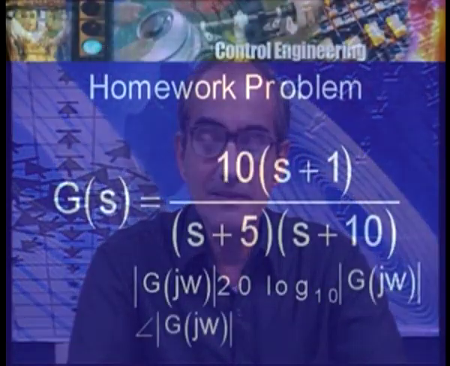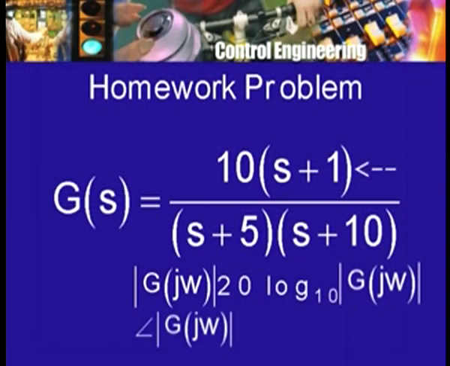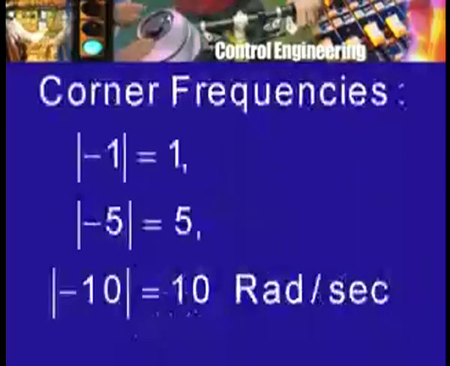As I showed you earlier, usually you have decade sections of the semi-logarithmic graph paper. So it could be labeled omega equal to 0.1, omega equal to 1, omega equal to 10, etc. So let us do that here. Now if I look at this, I see that there is a zero at -1, and if I were to have this only, then there will be a corner frequency given by the zero at -1.